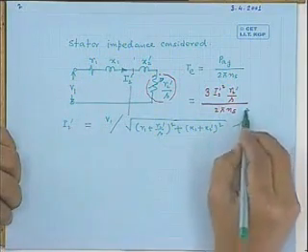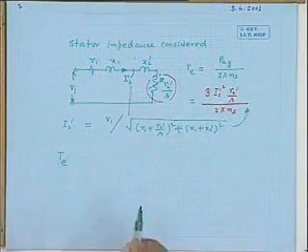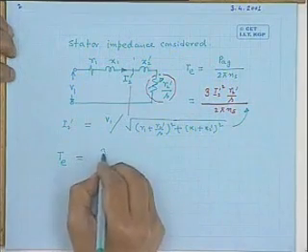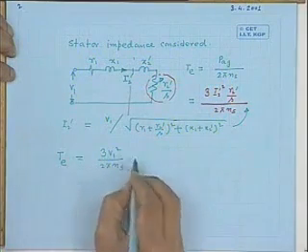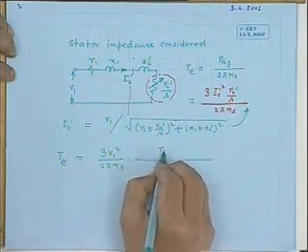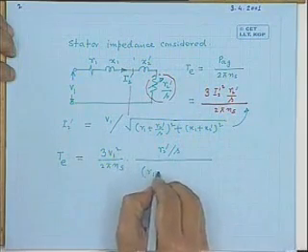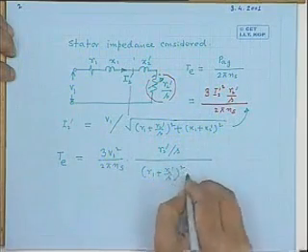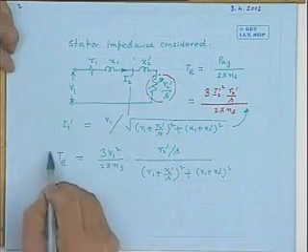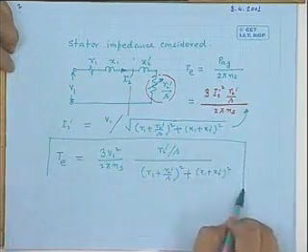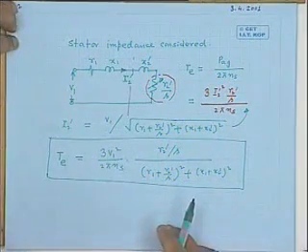So you just substitute this value for I2 dashed to get the electromagnetic torque developed by the machine as 3 V1 squared by 2 pi ns into, on the top, R2 dashed by S as usual, divided by (R1 plus R2 dashed by S) whole squared plus (x1 plus x2 dashed) whole squared. So this will be the general expression of the torque of an induction motor whose stator impedances are also not neglected.